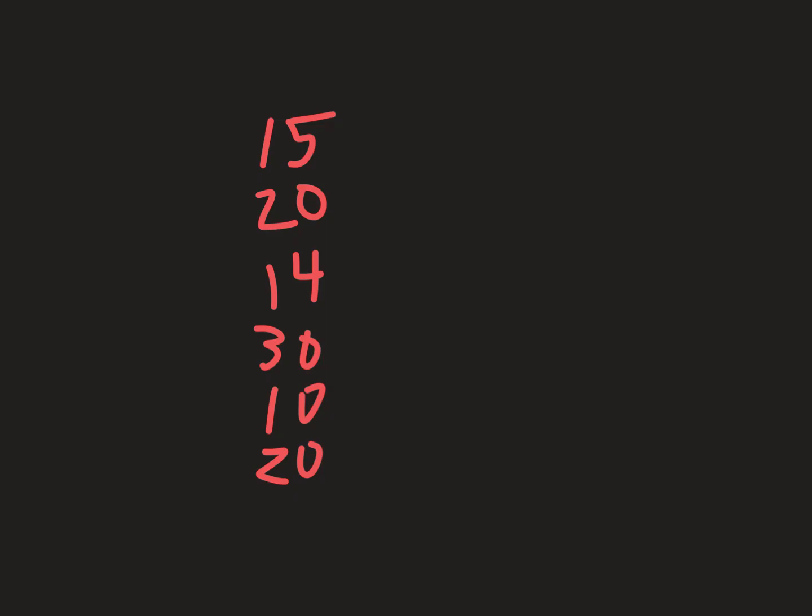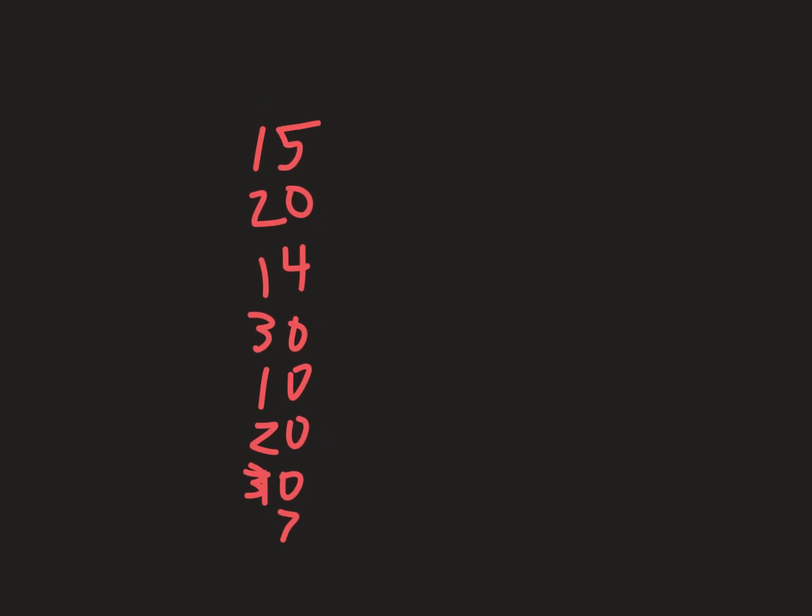Next kid. He's in the test, so we'll go to you, Aiden. 7. 7. 30 and then 7. Okay. And one more kid. 10. Should have 1, 2, 3, 4, 5, 6, 7, 8, 9 numbers in there.